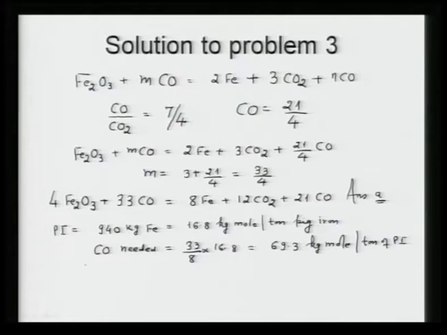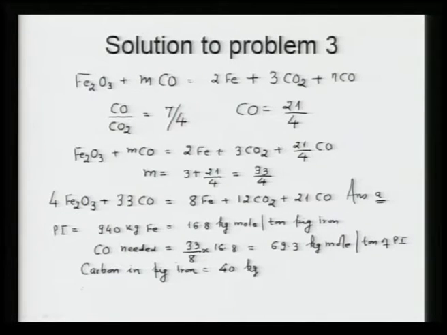Now, carbon in pig iron is also given to us. Carbon in pig iron is 40 kg. This carbon will also be coming from somewhere, so it is also coming from the coke.